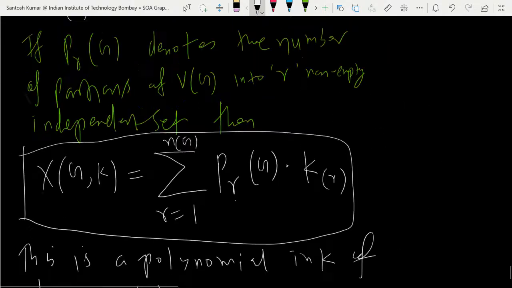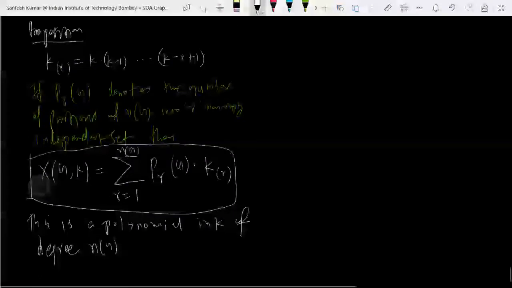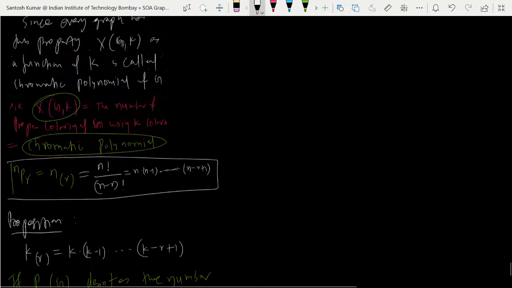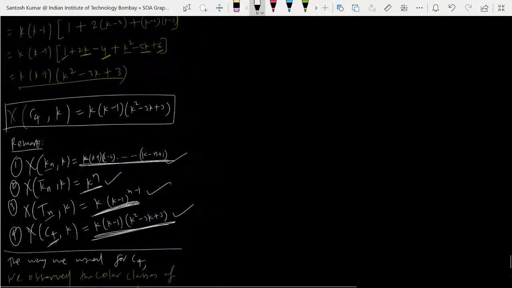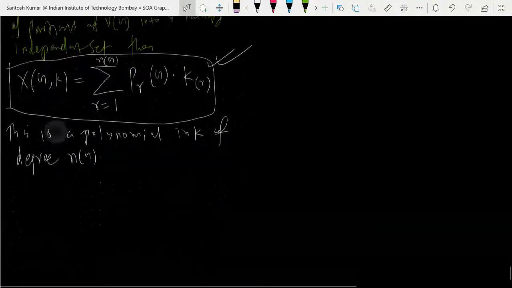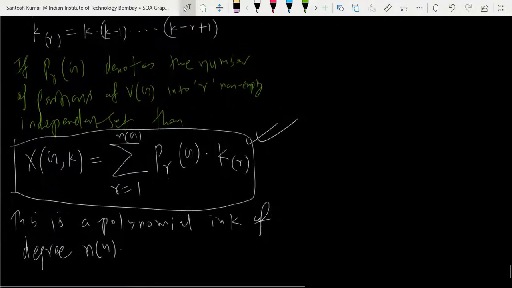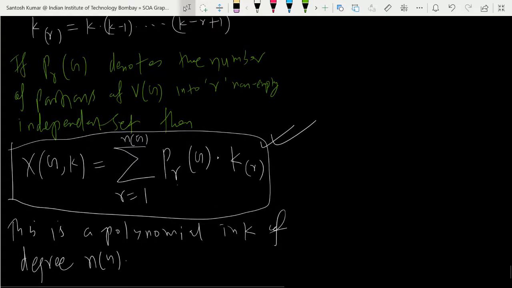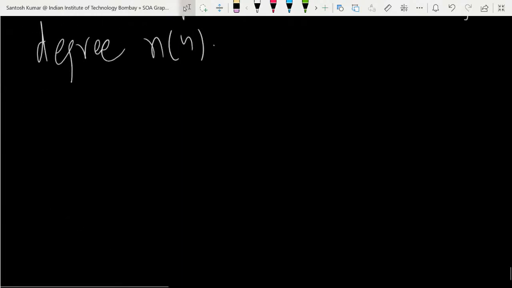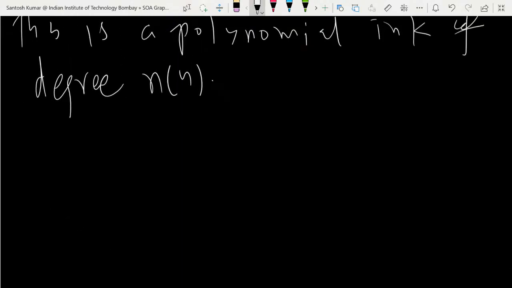So whatever we have discussed, do you have any doubt in this? Actually, this method is nothing new. This is the same as what we did earlier for C4. You don't have to worry about this expression, summation PrG into kr, r from 1 to n. So let me use this expression.